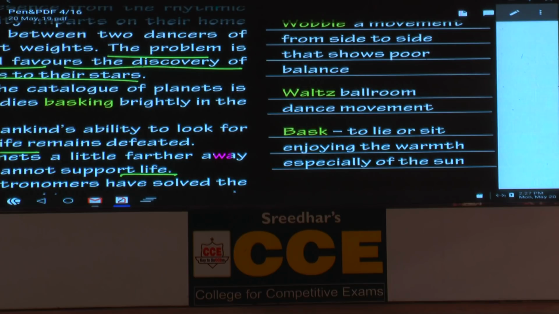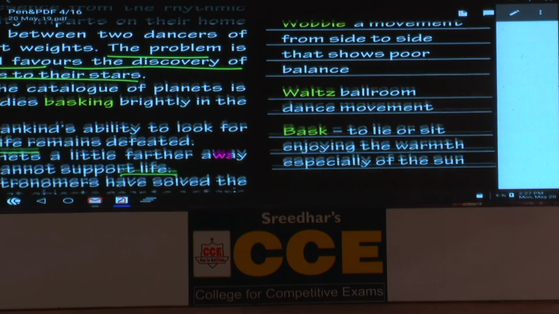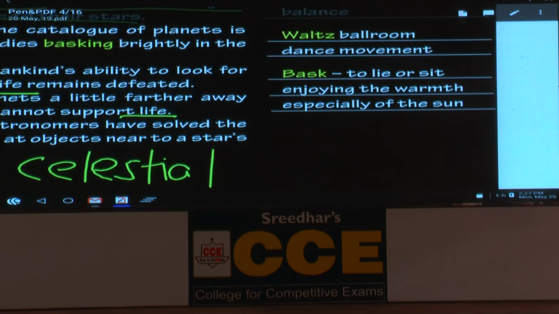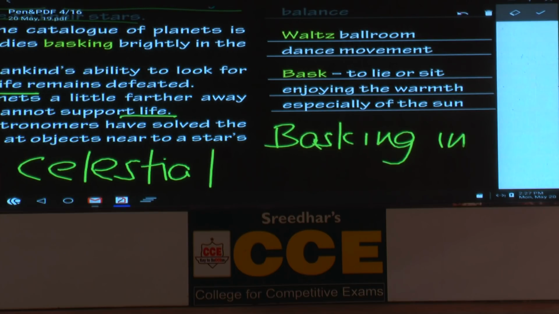Basking means what? To lie or sit enjoying the warmth, especially of the sun. That is one meaning. First you write this meaning. Then you write one expression: basking in glory or success, please write.